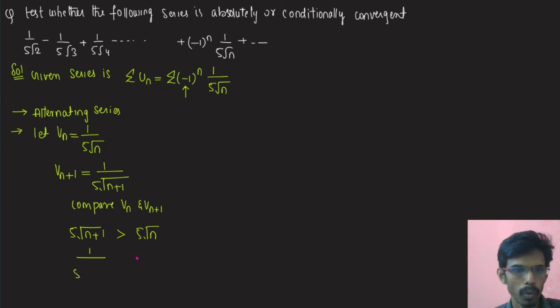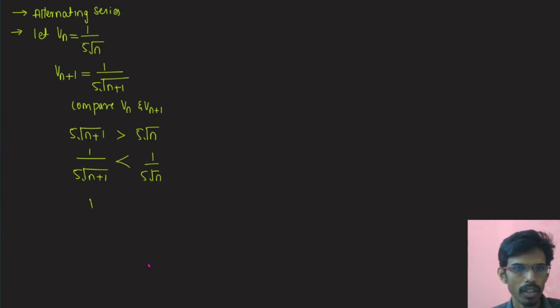If I take reciprocal, the greater sign will become less. So here I can say Vn plus 1 is less than Vn. So we say that each term of the series is numerically less than its preceding term. That is condition 1 of Leibniz test.